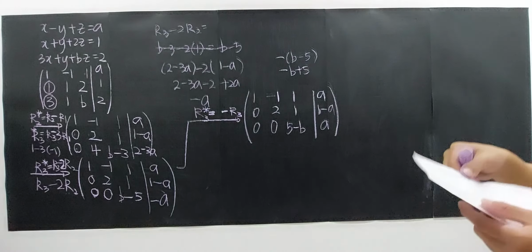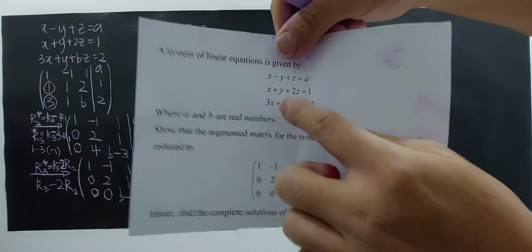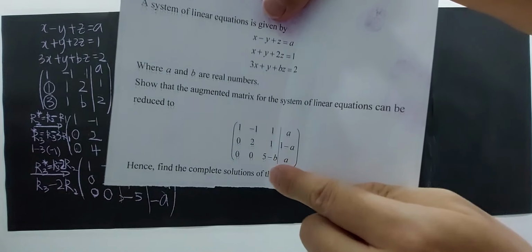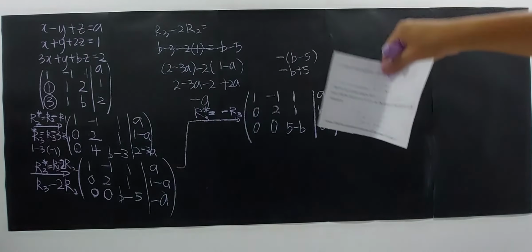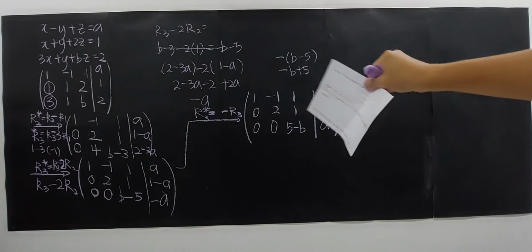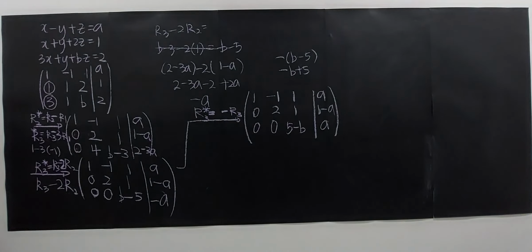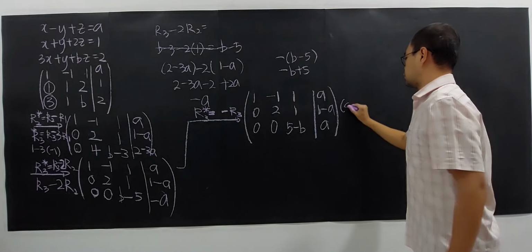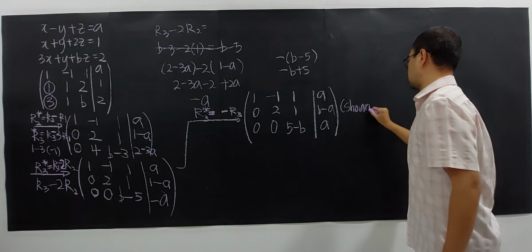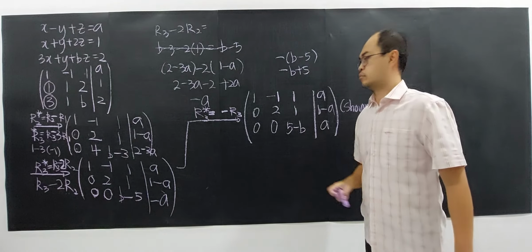So if you see carefully, I have already reduced the augmented matrix for this system of linear equations to this form, right? So 1, -1, 1, A, 0, 2, 1, 1 minus A, 0, 0, 5 minus B, A. Alright, so I have shown which can be reduced to this form. But this is not a reduced row echelon form, okay?